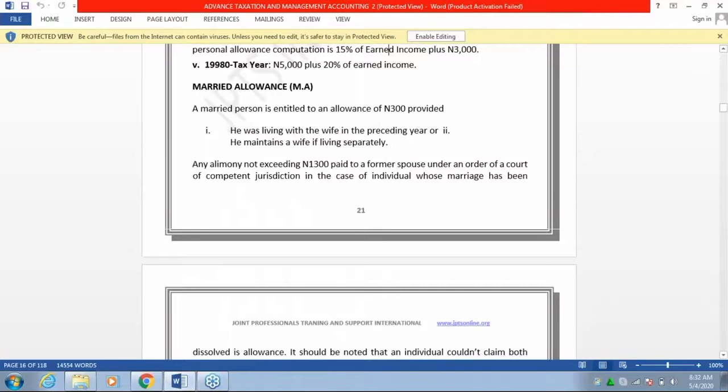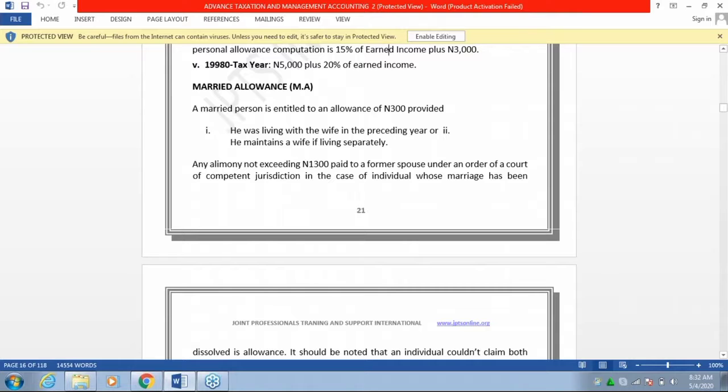If somebody is married, of course, it's only the Nigerian authority, not Nigeria as a country, where the laws are not being used the way they are supposed to be. So a married person is entitled to an allowance of 300 naira, provided that he was living with the wife in the preceding year, or he maintained a wife and was living separate.